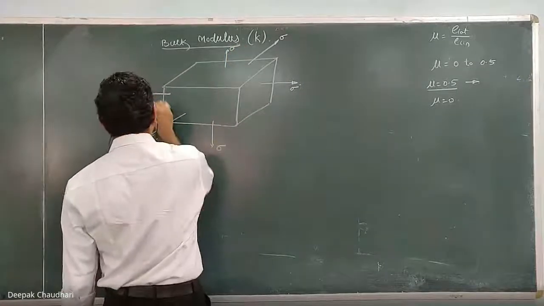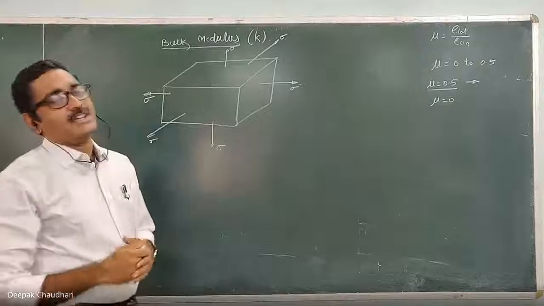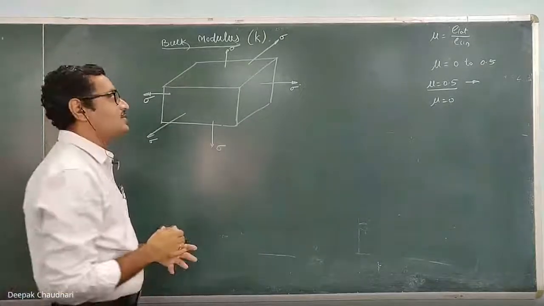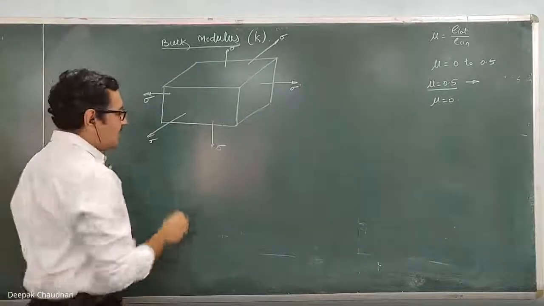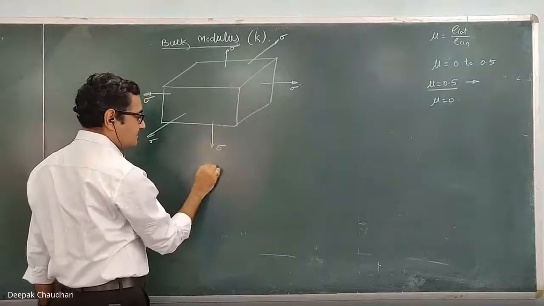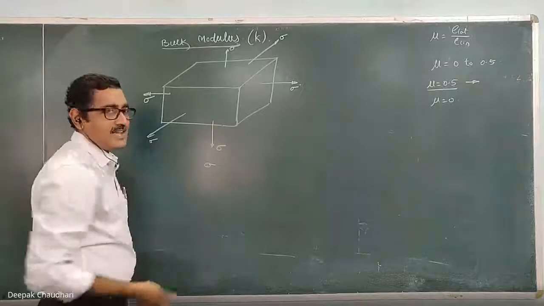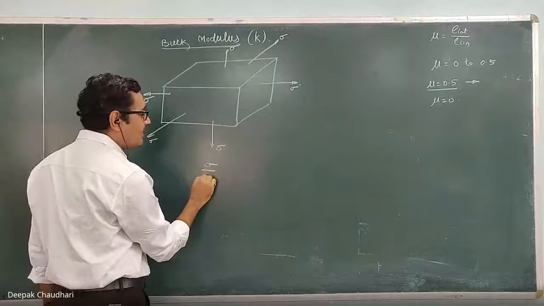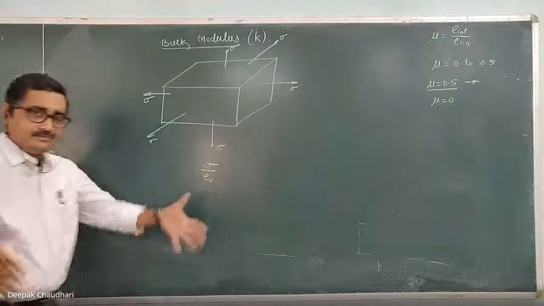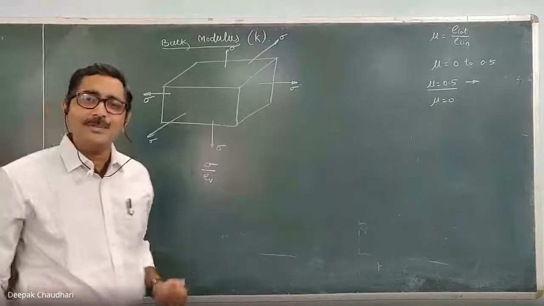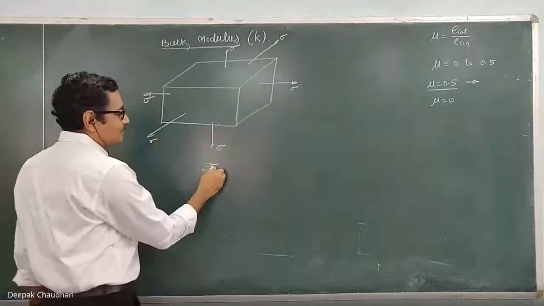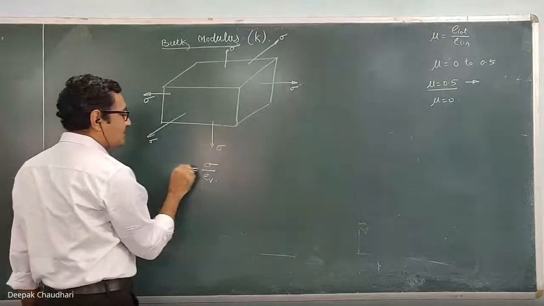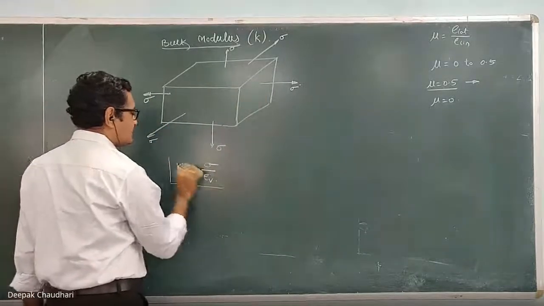So when a component is subjected to the triaxial stress system of same nature and equal magnitude, in all three directions the stress is the same, then the ratio of this direct stress to the volumetric strain, which is related to the compressibility, is known as the bulk modulus.